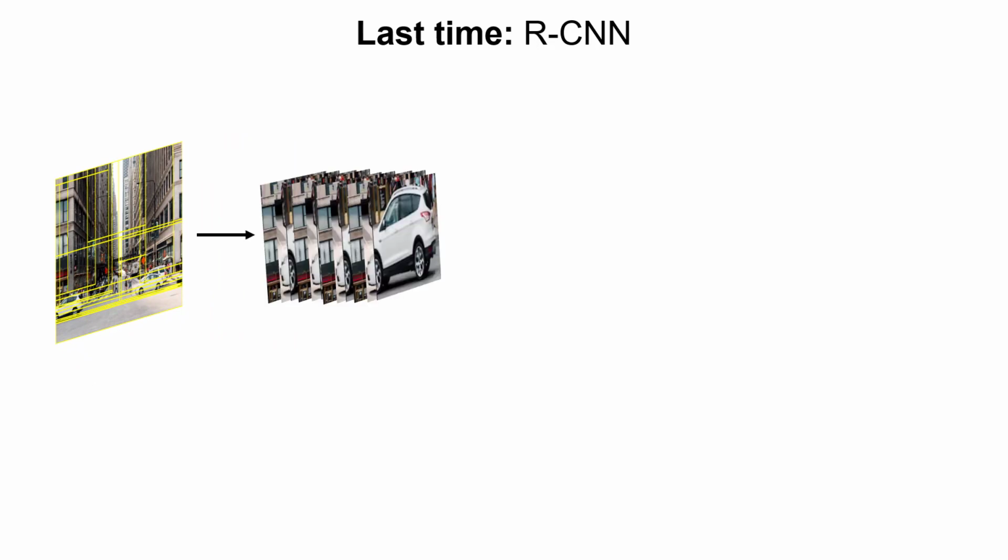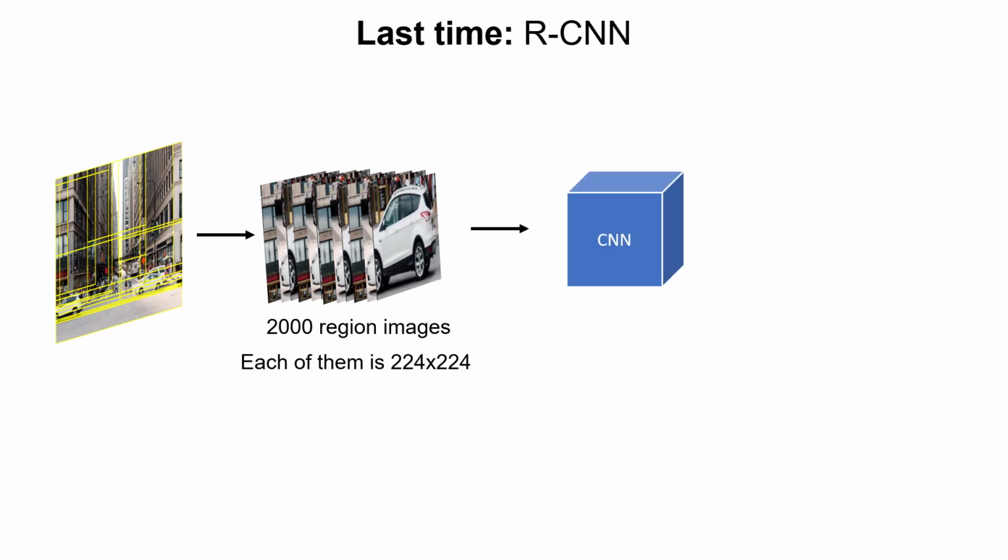Next, we extract each of them and have like 2000 region proposals where their spatial size is 224 by 224. Then we pass these region images one by one through a CNN module, and it has to give us two separate outputs.